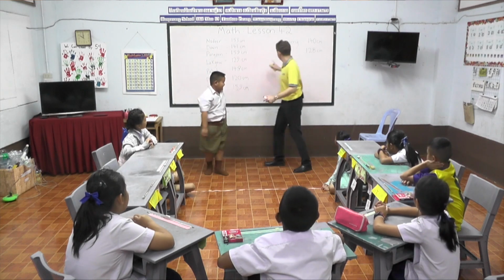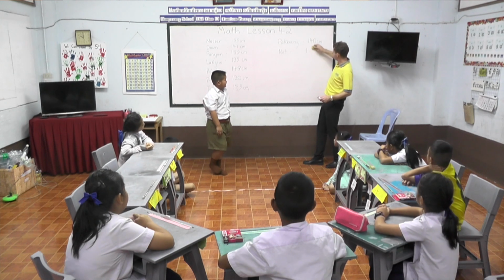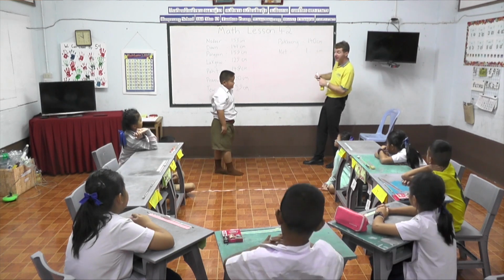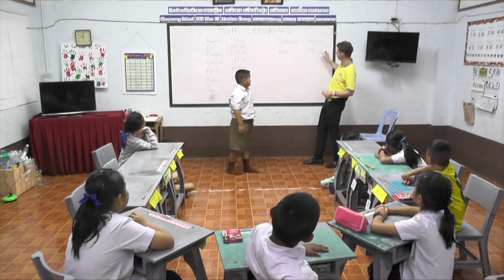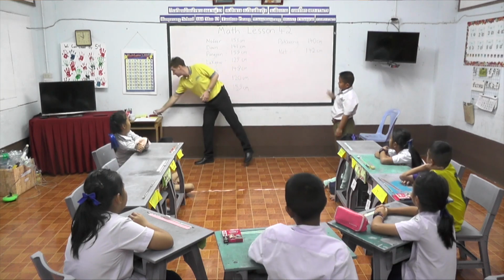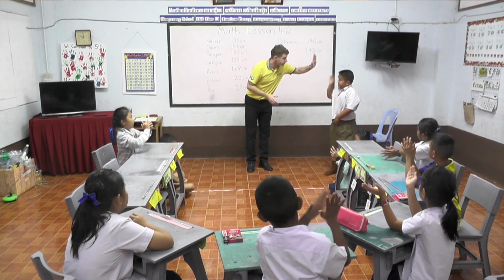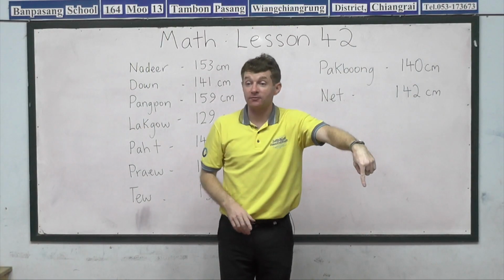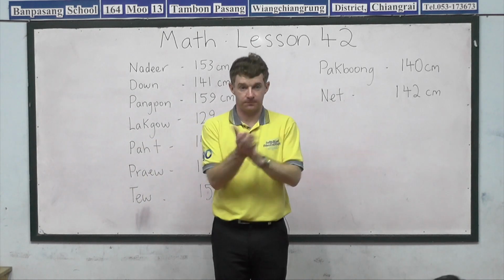We had 128 centimeters. Then was how many? 142 centimeters. Excellent. Okay, guys. Round of applause, everybody. And a special round of applause this time for Down and Bangpon, our measurers.